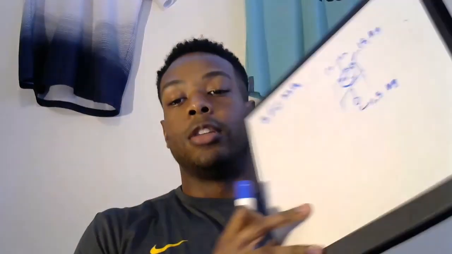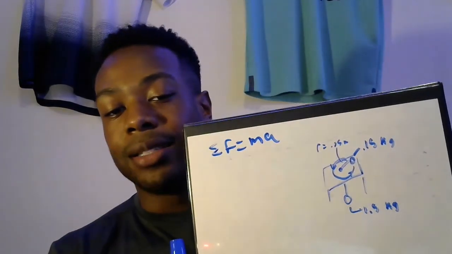So take a second to think about what we're going to use and actually tell me if you know. But if you said Newton's second law, you're exactly right. So we're going to use sum of our forces equals mass times acceleration. You should be familiar with that one.